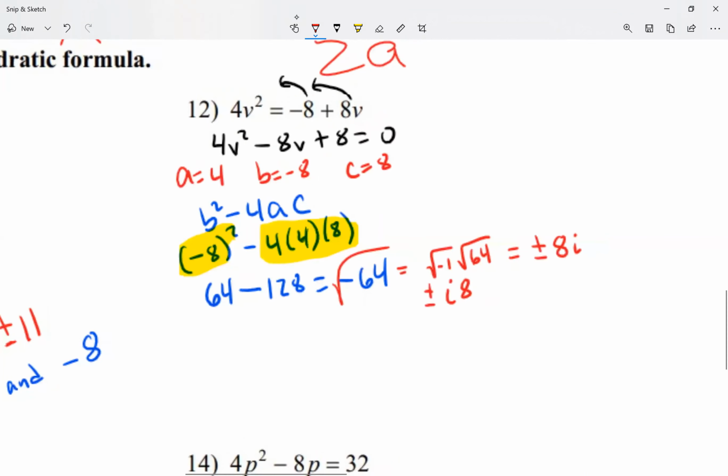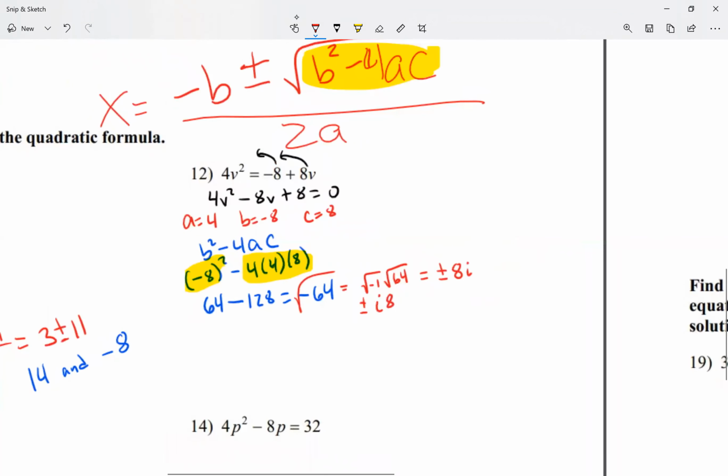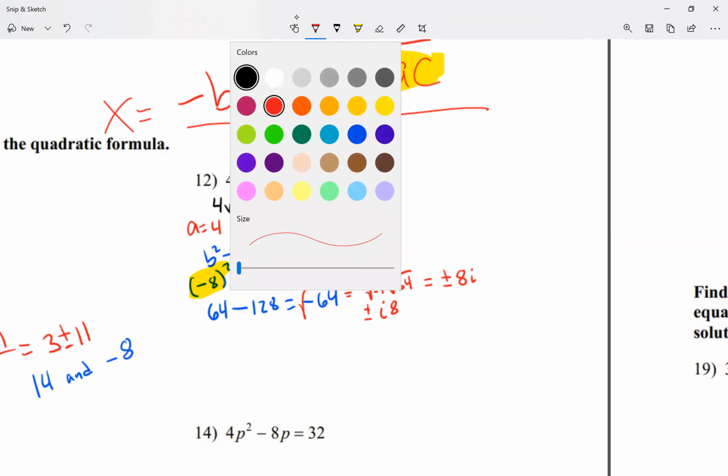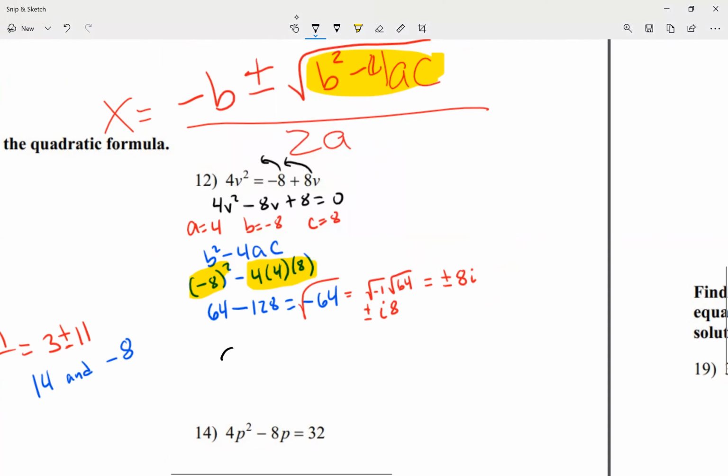Okay, now let me zoom out so we see the formula. You guys see the formula on top. Negative b. My b is negative 8, so the negative of a negative is positive 8 plus or minus 8i all over 2 times a, so I get 8.